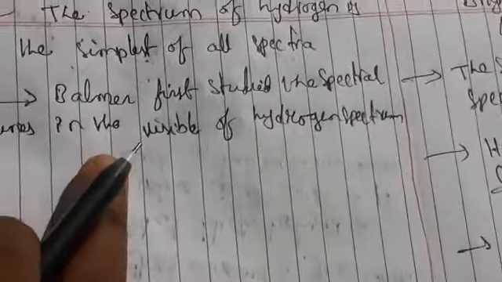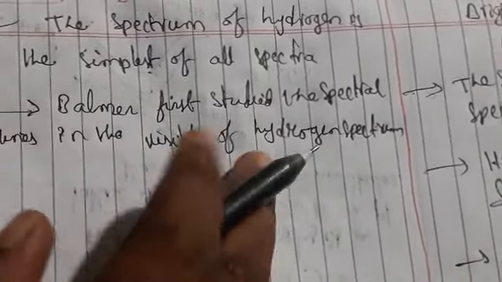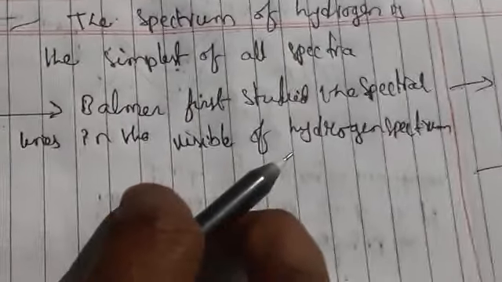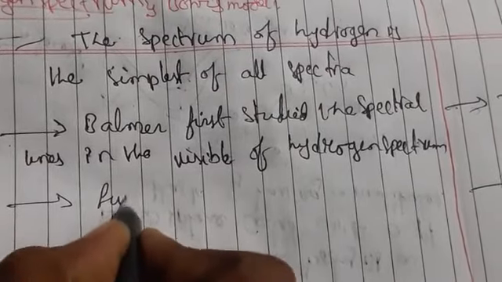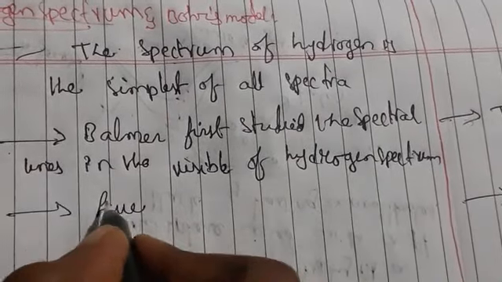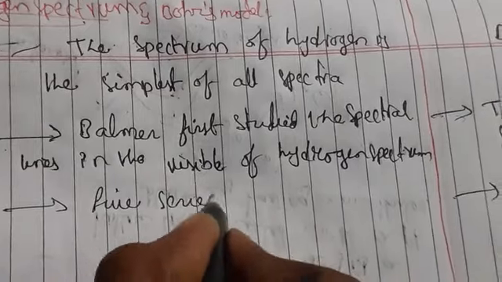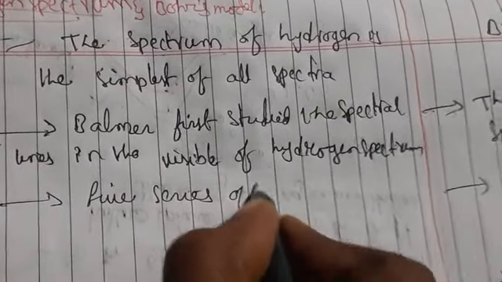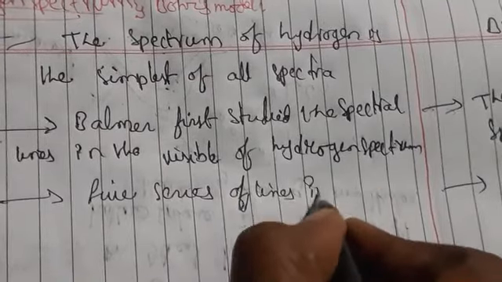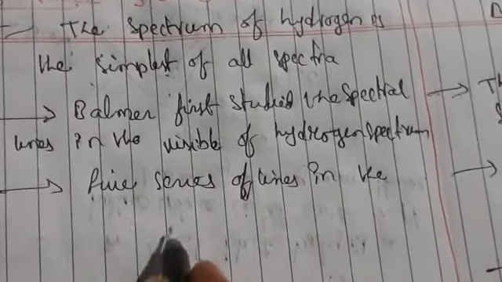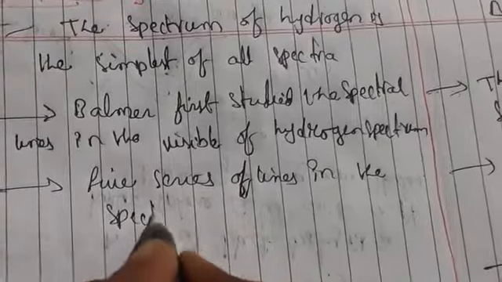Balmer studied the spectral lines in the visible region of the hydrogen spectrum. Later, other series of lines were identified. So there were five series of lines in the spectrum of hydrogen.